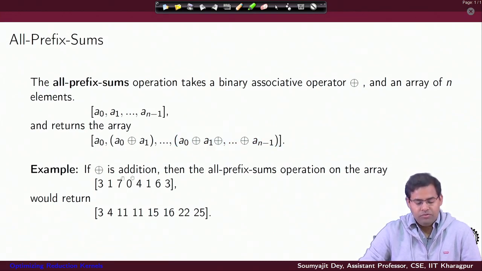So if this is the input, then a prefix sum operation should return me this entire sequence. Earlier, when we were doing a parallel reduction with simple addition, I was only interested in this 25 value, but now I want an output array containing the sum of all the prefixes. So in the ith location, I have the sum of values from A0 plus A1 plus A2 up to plus Ai.